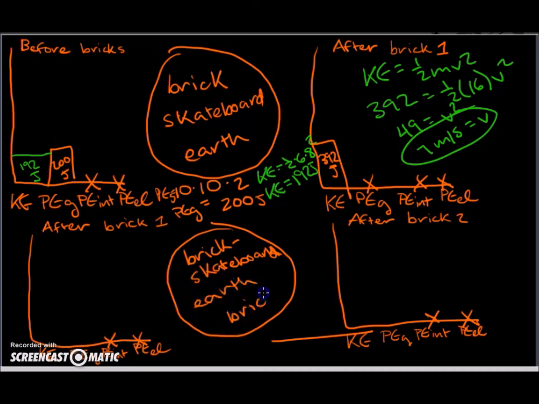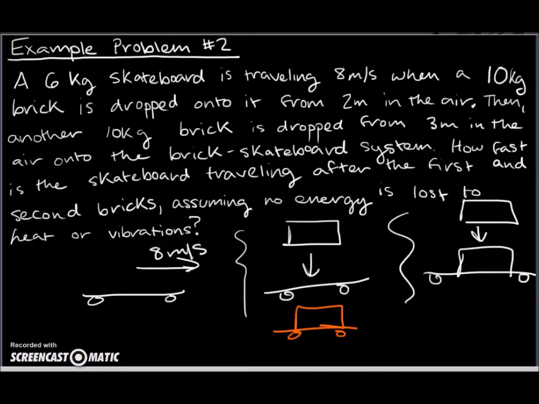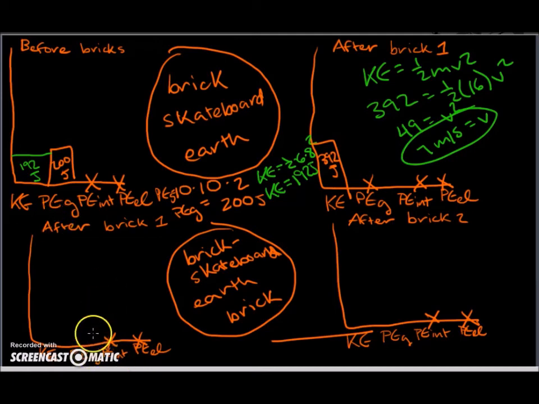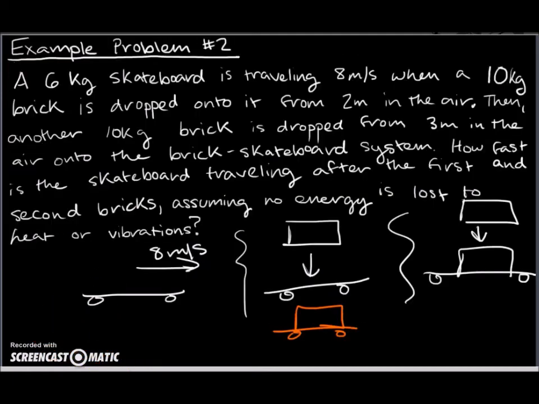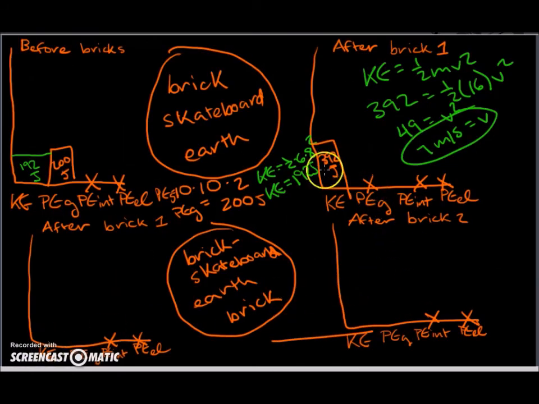Brick system. Because our brick is in the same position that the first brick was, in that it is not moving until it's dropped, and we're looking at it before it's being dropped, it actually has potential energy, but no kinetic energy. But our skateboard and brick are still moving, which means that they have kinetic energy.